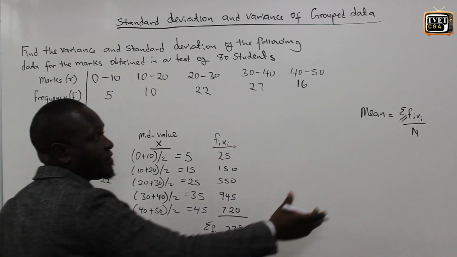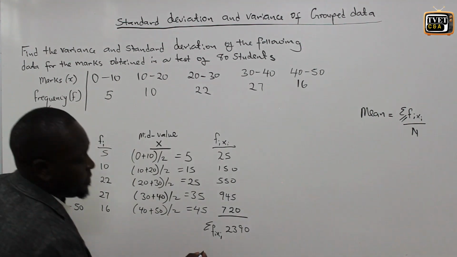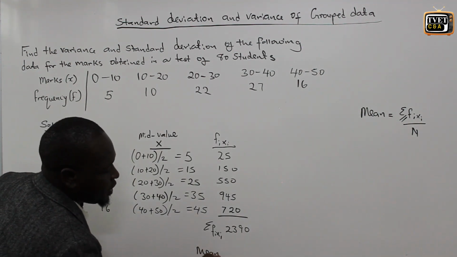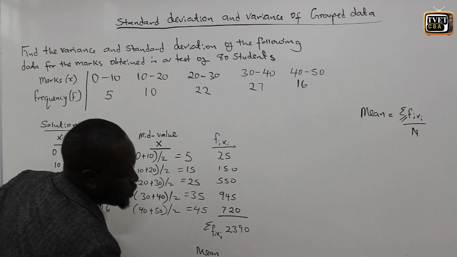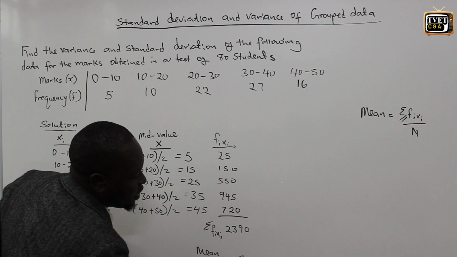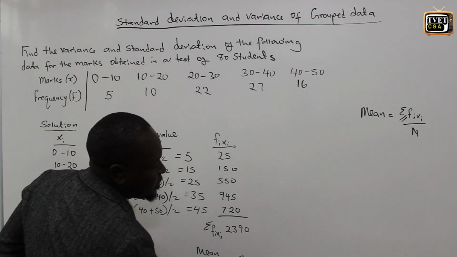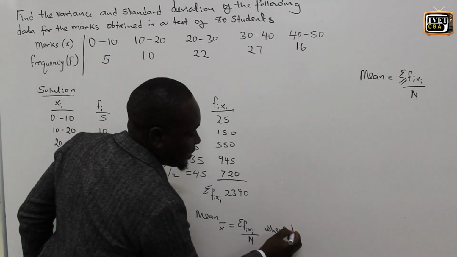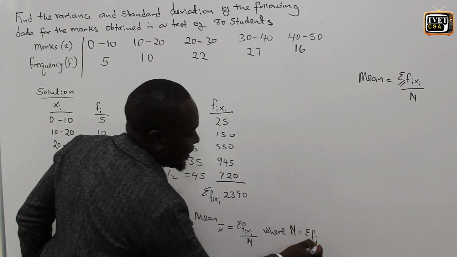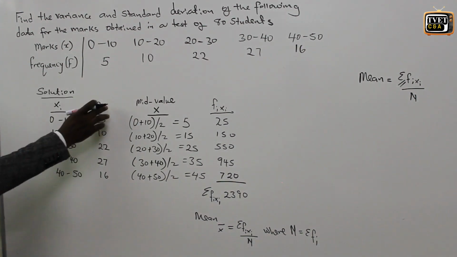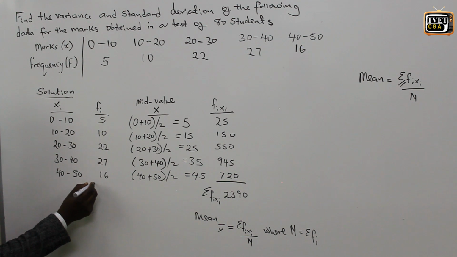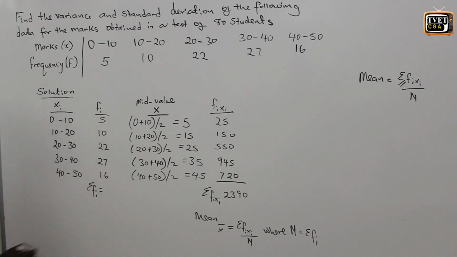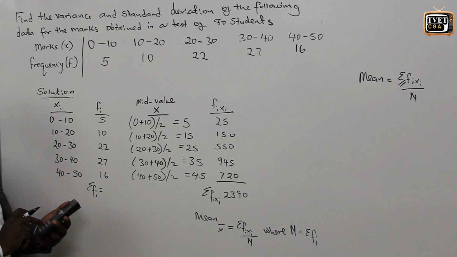Now the mean, we have the formula here, which is symbolized as x bar, is equal to summation of fixi over n, where we said the n is equal to summation of fi. Now you come and look here, we have fi. Now we find its summation of fi, which is n. It will be 5 plus 10 plus 22 plus 27 plus 16.